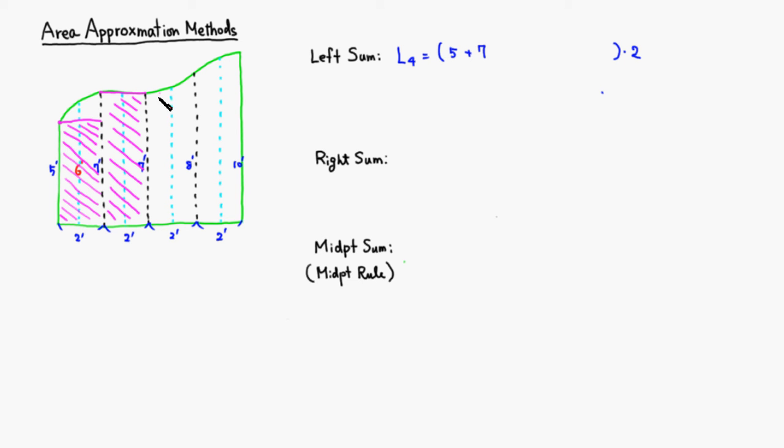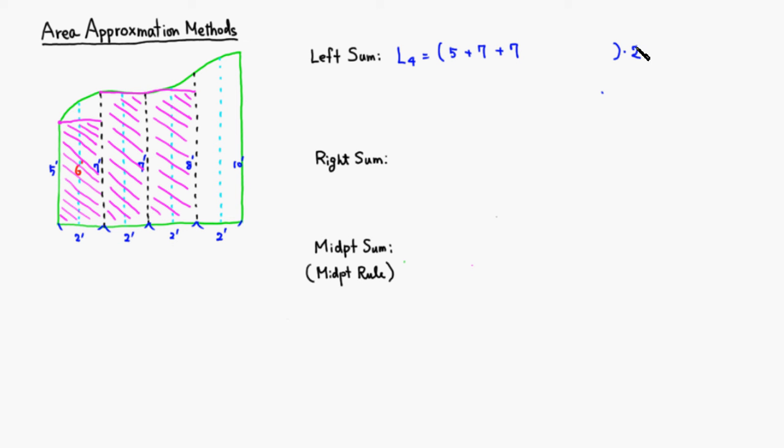The third one is the same way. We use the left endpoint and determine the height, missing a little bit, but this is an approximation. So the third rectangle looks like that, and this is again 7 times 2.